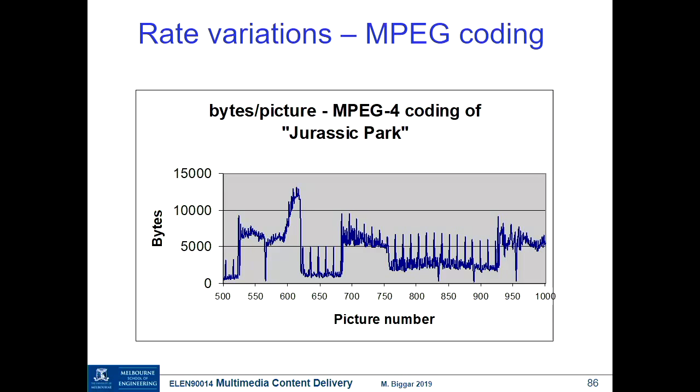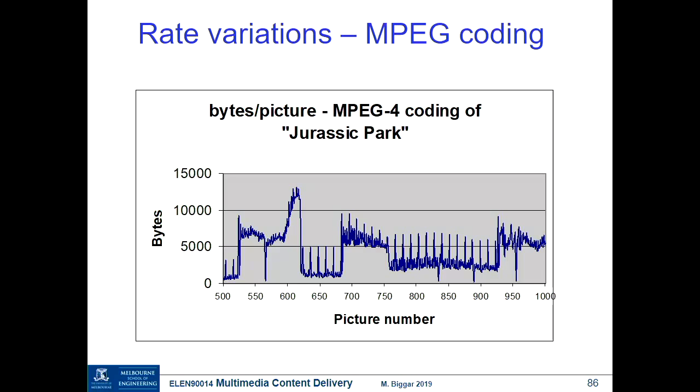Obviously, it's Jurassic Park. But the important thing that we want to learn from this is the degree of variations. This is the number of bytes to describe each frame. And we see some quite different characteristics along here.